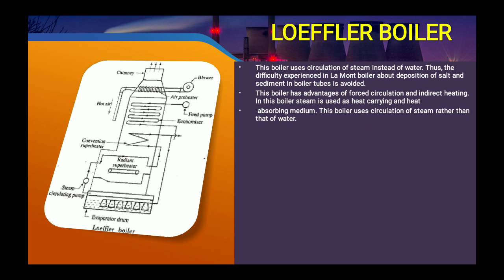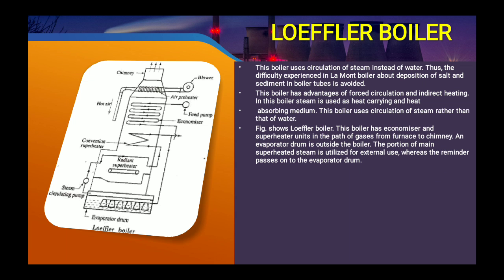This boiler uses circulation of steam rather than that of water. And this boiler has economizer and superheater units in the path of gases from the furnace to the chimney. An evaporator drum is outside the boiler. A portion of the main superheated steam is utilized for external use, whereas the remainder passes to the evaporator drum.